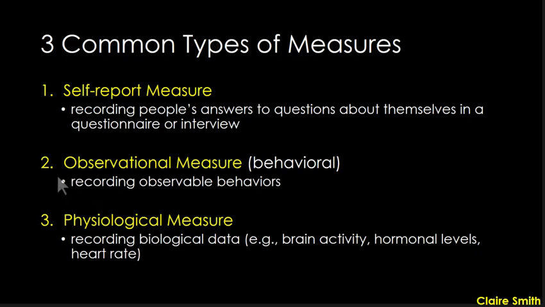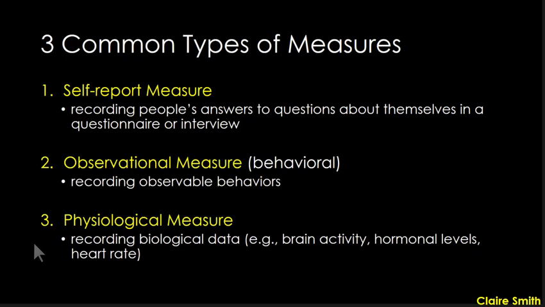Okay, and then the last type is a physiological measure, which we haven't talked about yet, but a physiological measure is measuring something by recording biological data. So you're also looking at the person, observing them, but you're recording something that's a little bit more specific than just what you see.